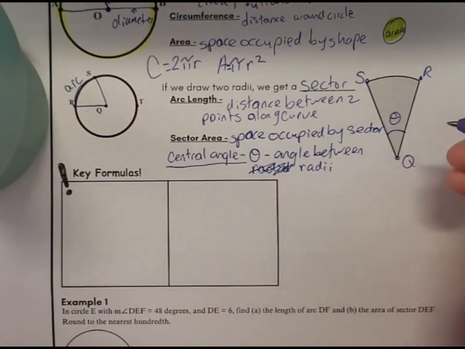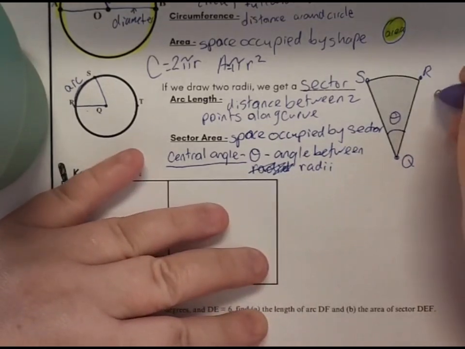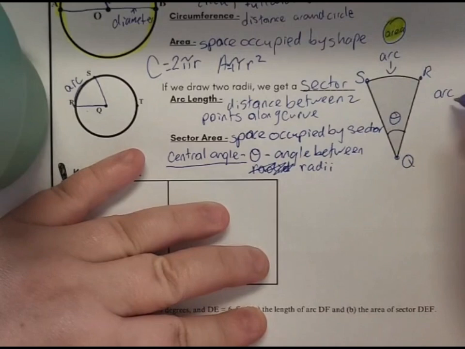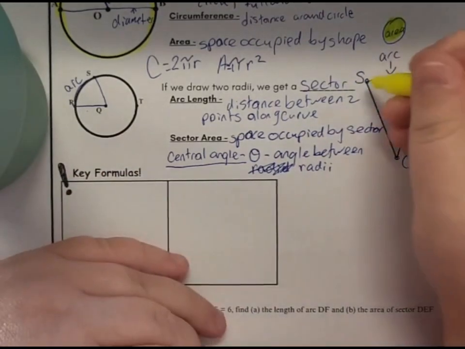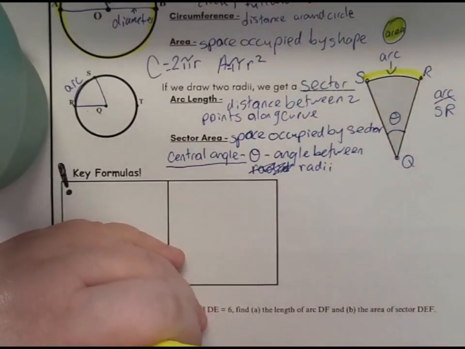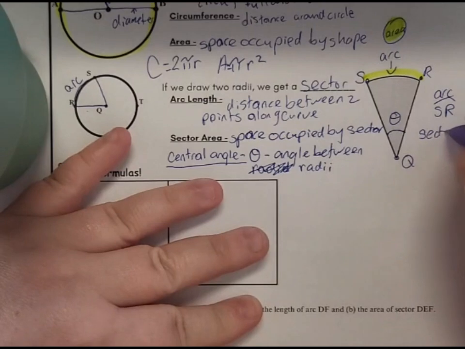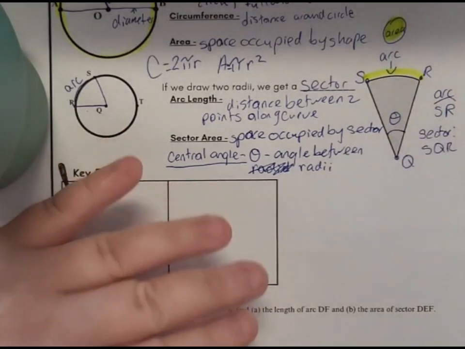That is our central angle. Our arc is this guy right here, arc SR. And the sector is SQR. That's how we name the sector.